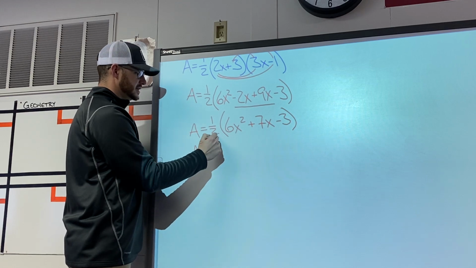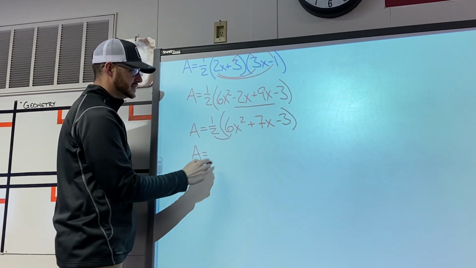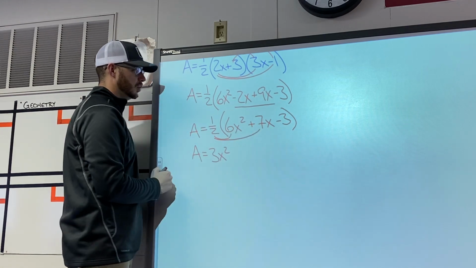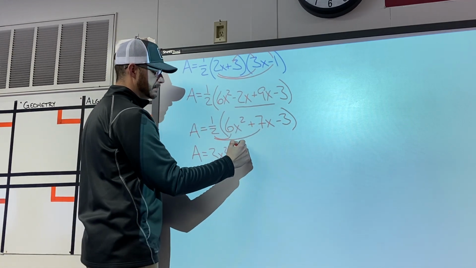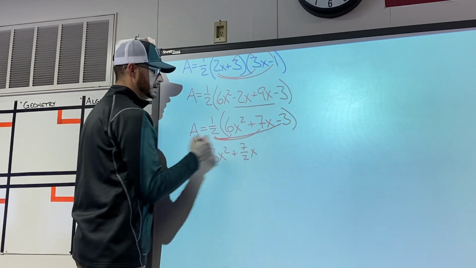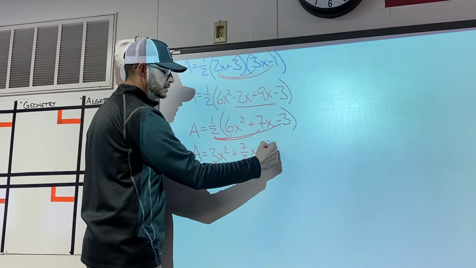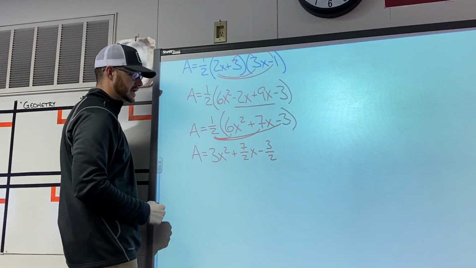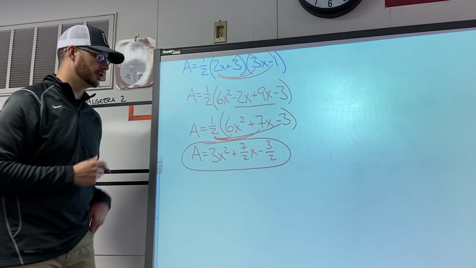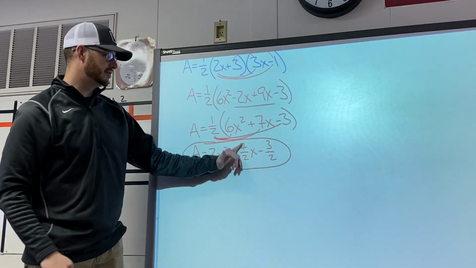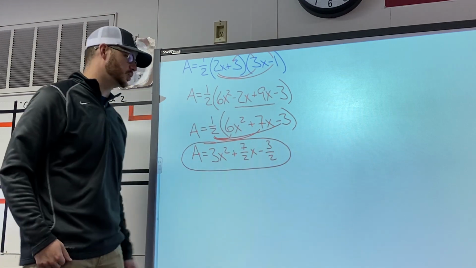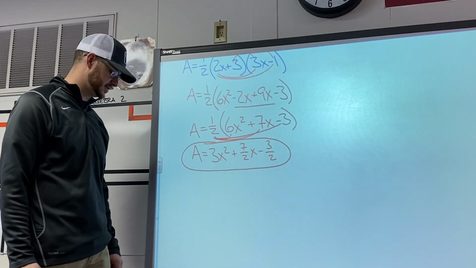So the area is equal to 1/2 times 6x squared gives me 3x squared. 1/2 times 7x gives me a positive 7 over 2 x. And 1/2 times negative 3 gives me negative 3 over 2. And that would be our polynomial right there. Again, 7 over 2 could be written as 3.5, and 3 over 2 could be written as 1.5. I would take either answer there.